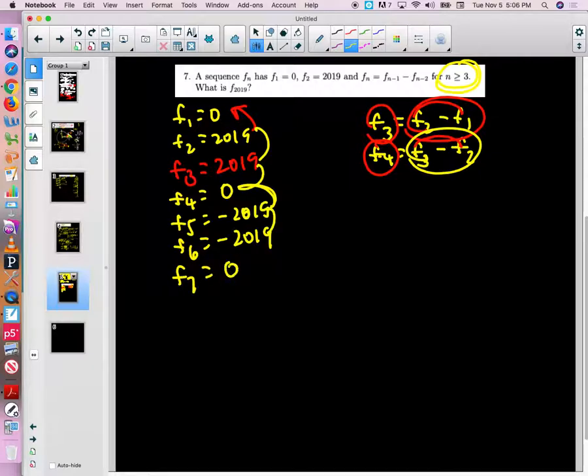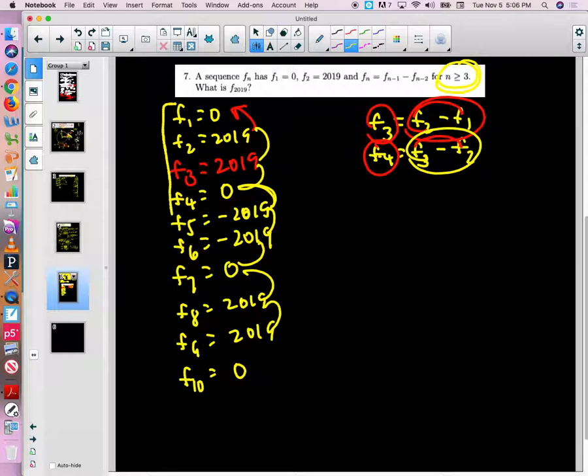Something from itself is 0. F of 8, 0 minus a negative is positive. F of 9, this minus this is 2019. F of 10, 0. I just wanted to establish my pattern. It repeats itself every 6 times, and then it starts over again, 0, 2019, and so on.